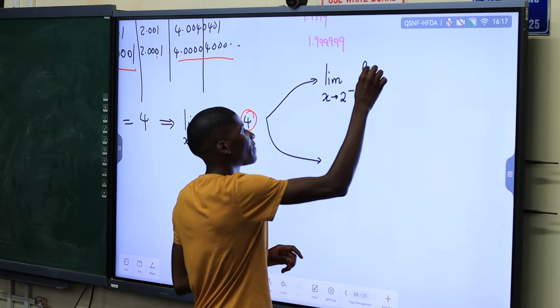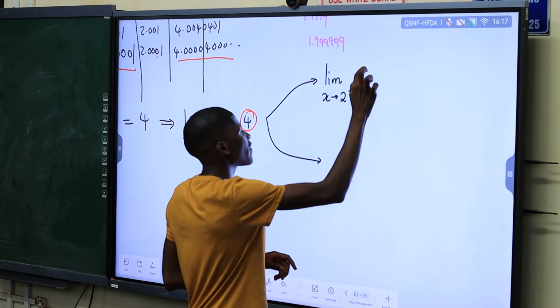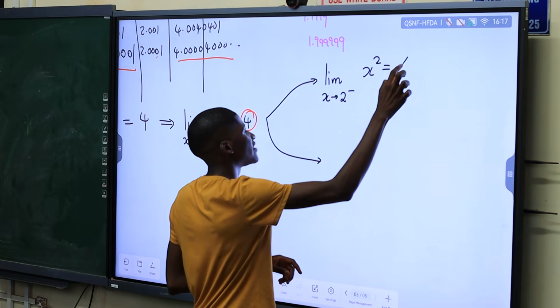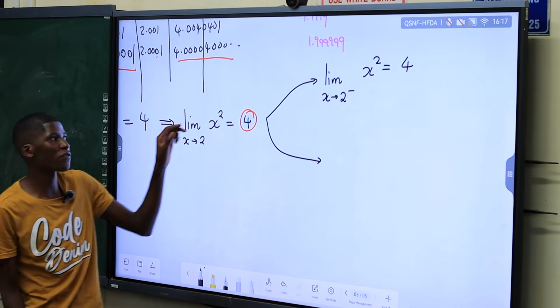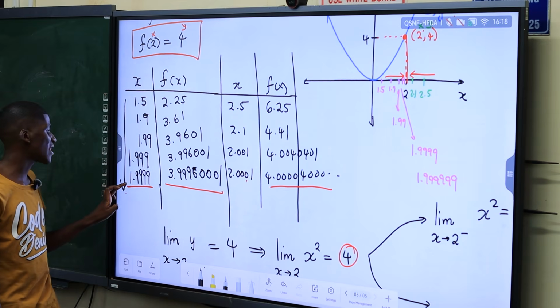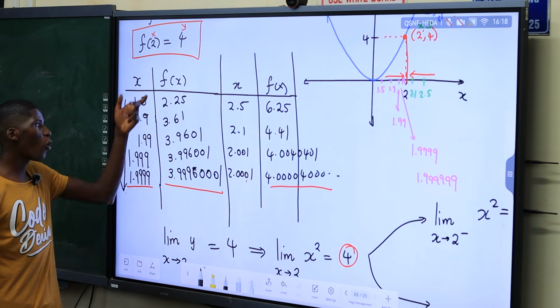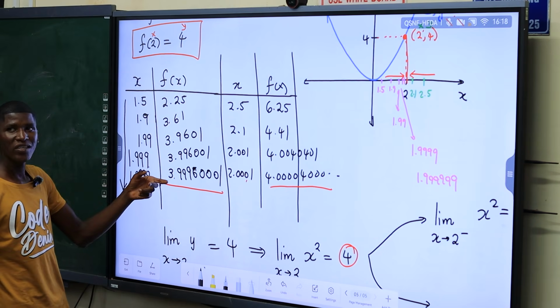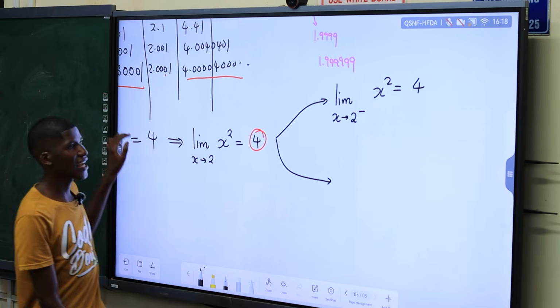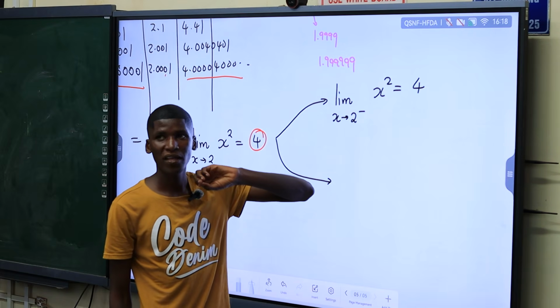But this is still on the function f of x, so in this case our f of x is x squared. When I approached from the left towards the 2 here, y was getting closer to 4. So the limit as x approaches 2 from the left is 4.